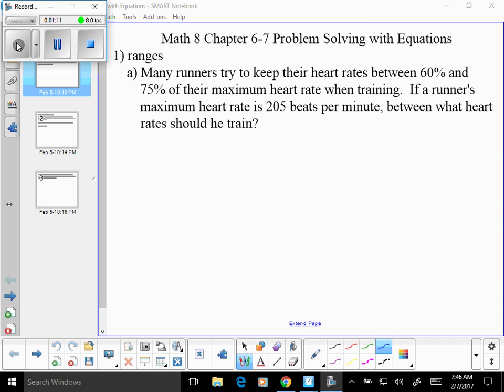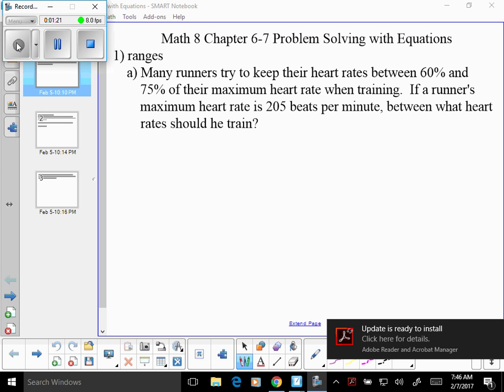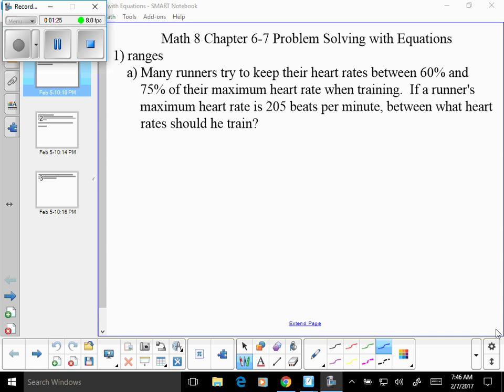They want to stay between 60% and 75% of their maximum heart rate, which is individual for each runner. In this particular instance, the maximum heart rate is going to be 205 beats per minute. If this runner is keeping track of the heartbeat rate, what heart rate should he train?